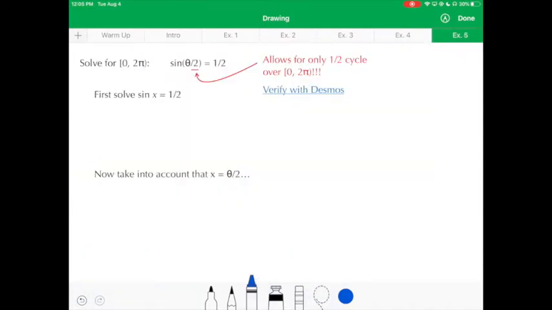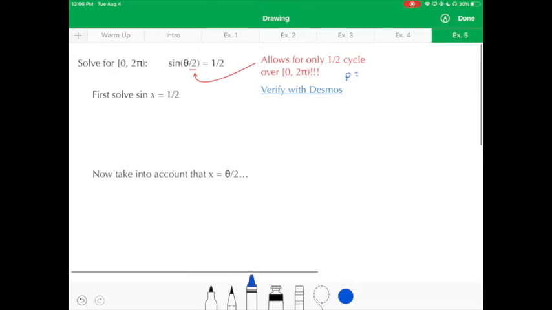All right, next example. Here, the argument of the equation is theta over 2. Theta over 2. So my b value in this case is 1/2. So the normal period, and I should have backed up here, notice we're trying to solve for 0 to 2 pi now. So we're in radians, okay? So normal period when we're in radians is 2 pi.